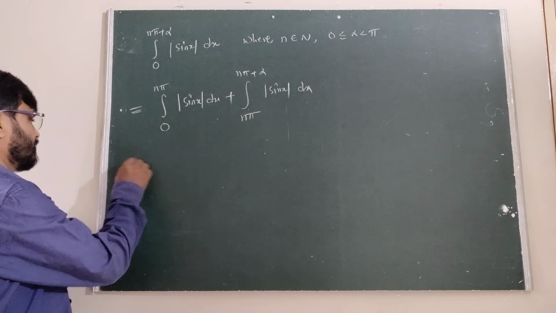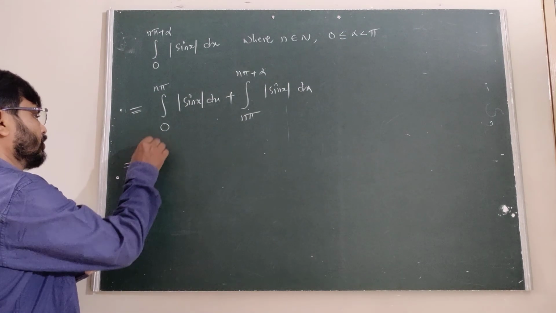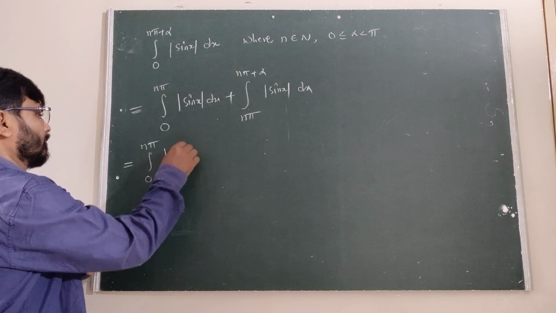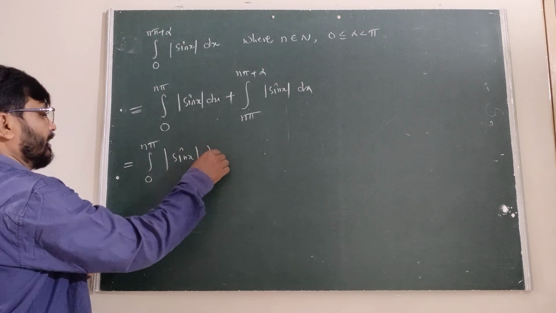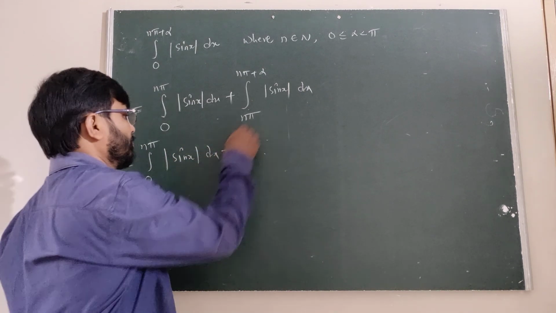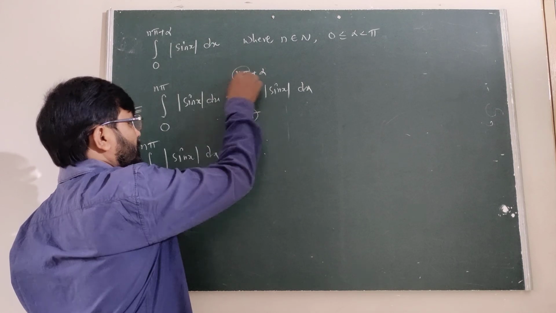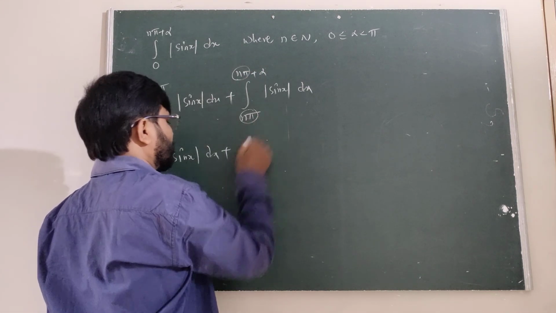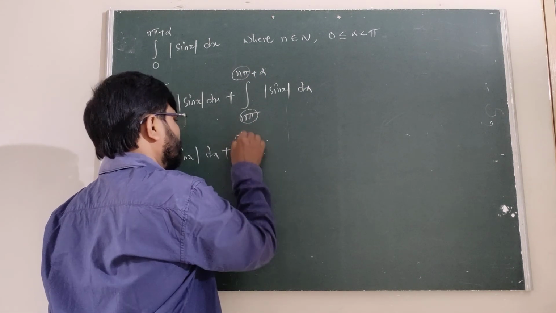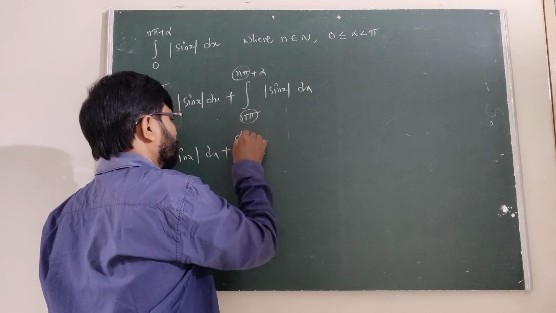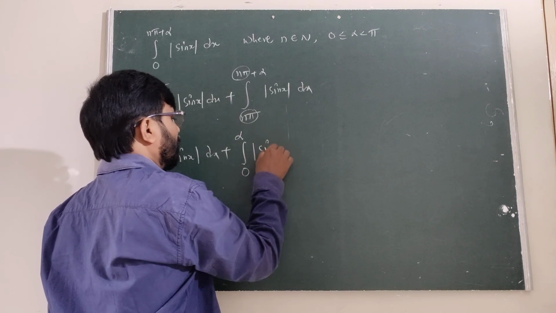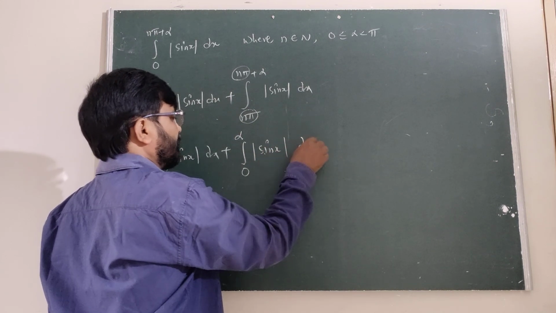Then this is the integral 0 to n pi of mod of sin x dx plus, as we just discussed, since n pi minus n pi is 0, the integral 0 to alpha of mod of sin x dx.